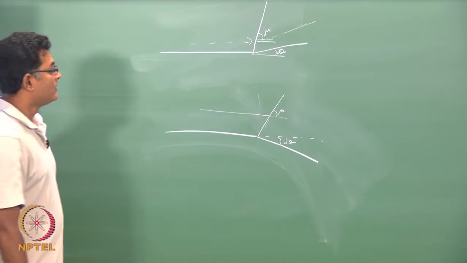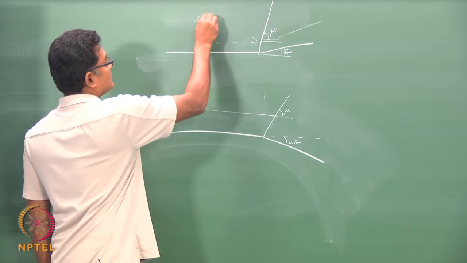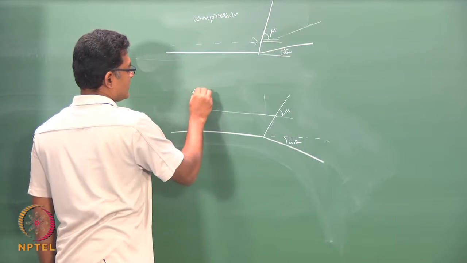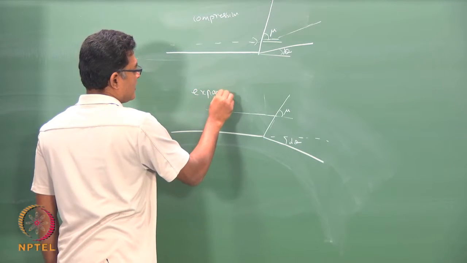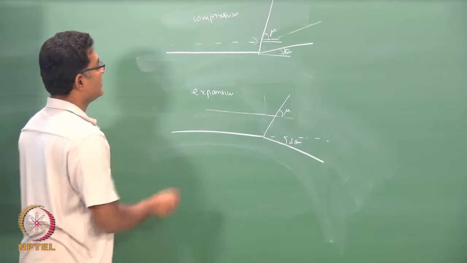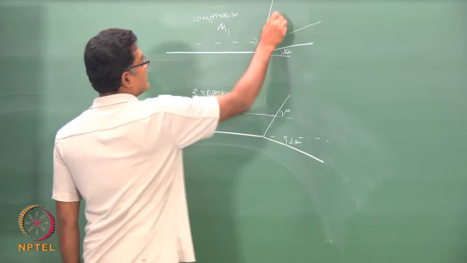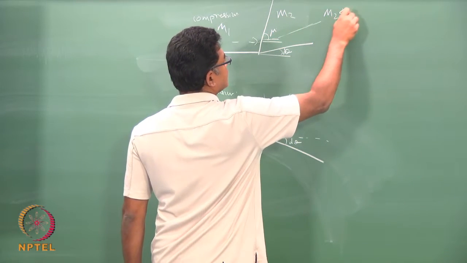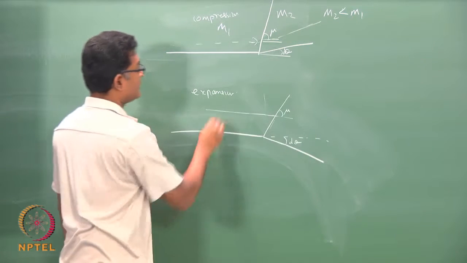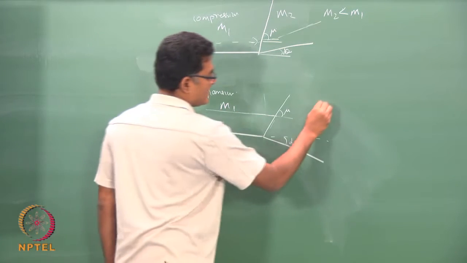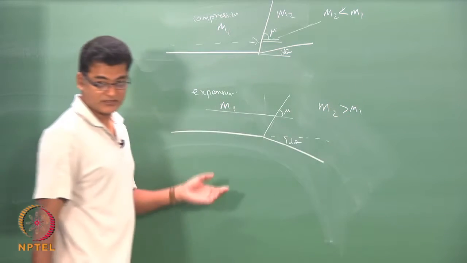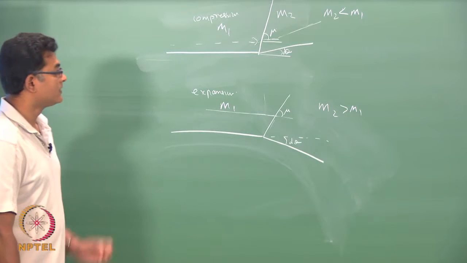Okay, so this is compression, this is expansion. Here I have M1, M2, and my M2 is less than M1. Here I have M1, my M2 is greater than M1 because it is an expansion process.